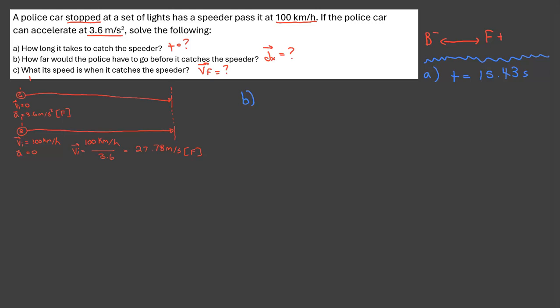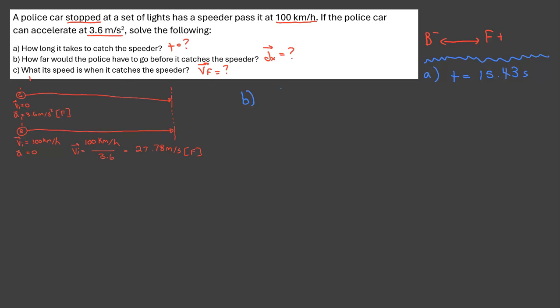Alright, next I want to find how far the police would have to go before it catches the speeder. So we can easily just sub our time into one of our equations from part A, or I can just sub it into any of my other kinematics equations and solve for the distance.